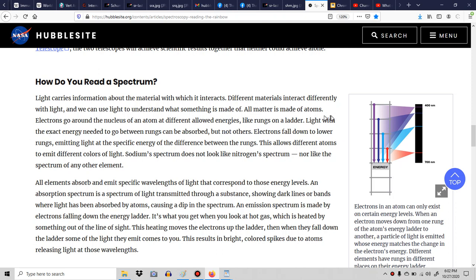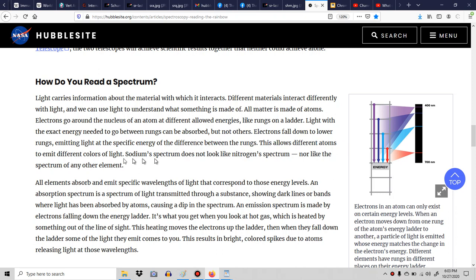All right, so all matter is made of atoms. Electrons go around the nucleus of an atom at different allowed energies, like rungs on a ladder. Light with the exact energy needed to go between rungs can be absorbed, but not others. Electrons fall down to lower rungs, emitting light at the specific energy of the difference between the rungs.